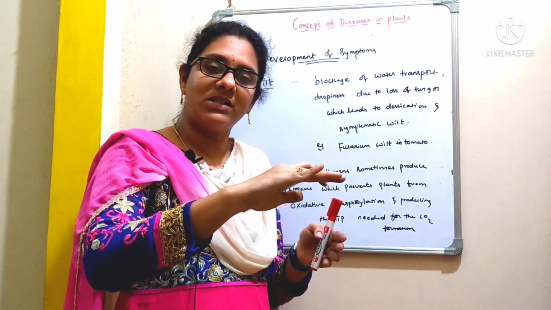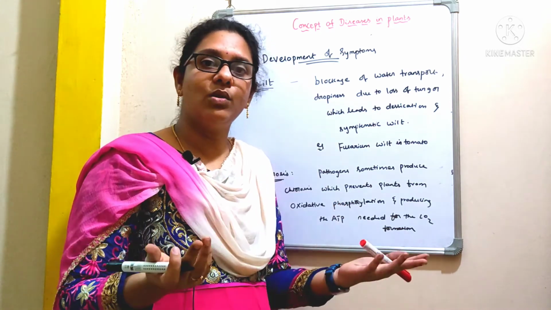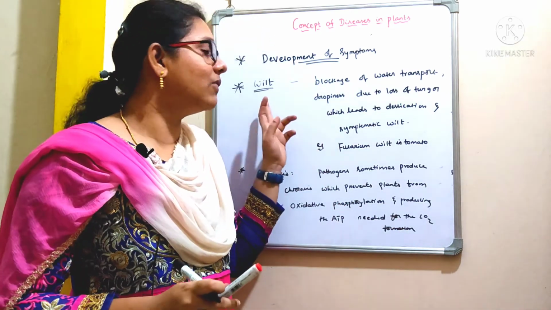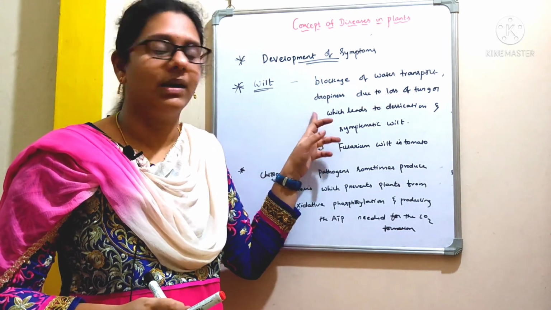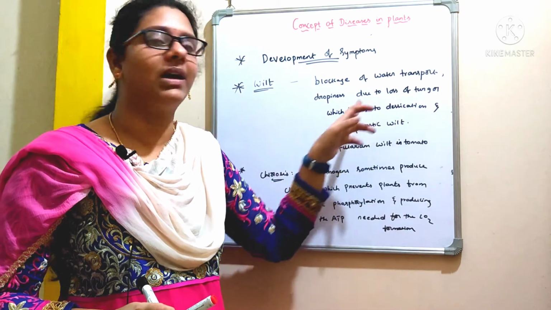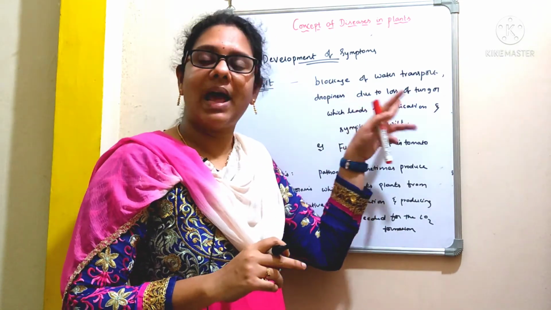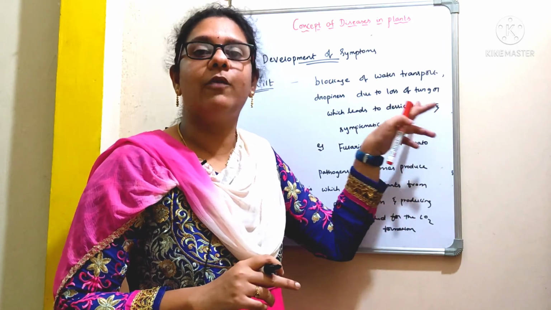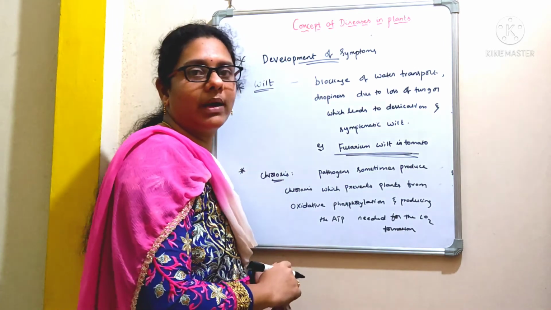So when the xylem vessel is blocked, there will be no uptake of water by the plant. When there is no water, what happens? Then the plant will express the symptom of wilting. That is nothing but the droopiness, caused due to the loss of turgor, leading to desiccation. Simply, we can say that the plant experiences the condition of drought. And the best example is fusarium wilt in tomato.